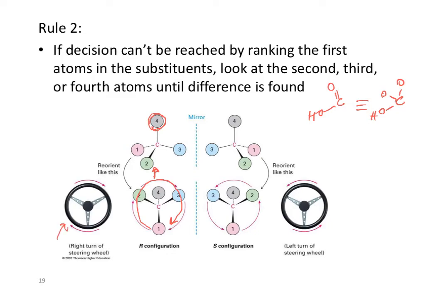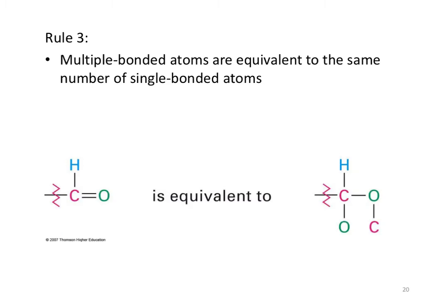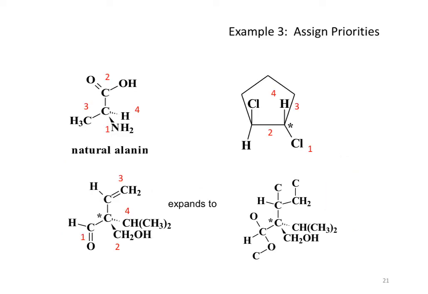I'm calling it an R. On the other hand, in going from 1 to 2 to 3, I have to turn in an anti-clockwise manner, and that will be my S configuration. I'm going to go over molecules so you can see as to what needs to be turned. So again, rules. Let's take a look at each of these.